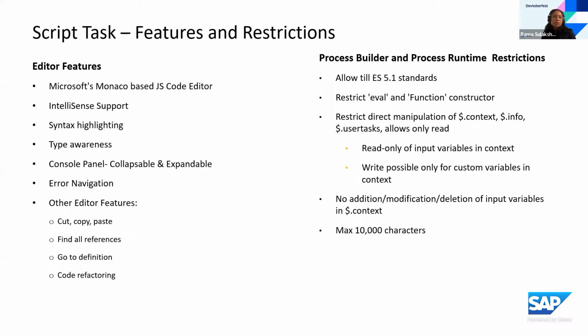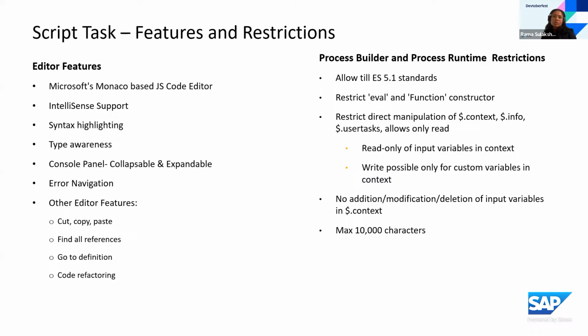It also comes with a console panel where you can see the errors, if any, in your JavaScript code. There is also error navigation, meaning when an error is shown in the console, you click on it and it takes you automatically to the line number which has the error. So that will ease your life. Apart from that, typical editor features like cut, copy, paste, code refactoring, and finding all references are available as part of the script editor.